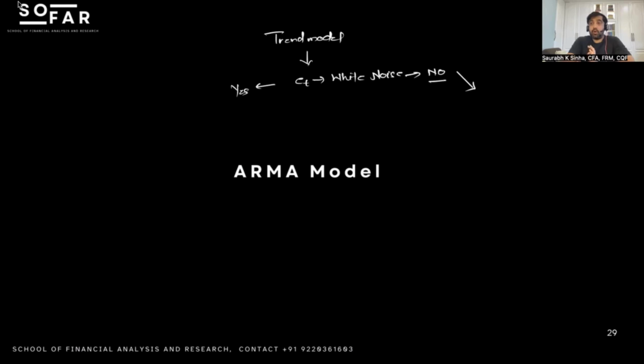You have to test the covariance stationary property of what? Error term? No, why? This is the biggest mistake that students make. You have to check the covariance stationarity property of y, not the error term, the thing that you're trying to predict, whether it is covariance stationary or not. If yes, then only you will fall to the ARMA model, whether it is autoregressive or moving average model. Clear?